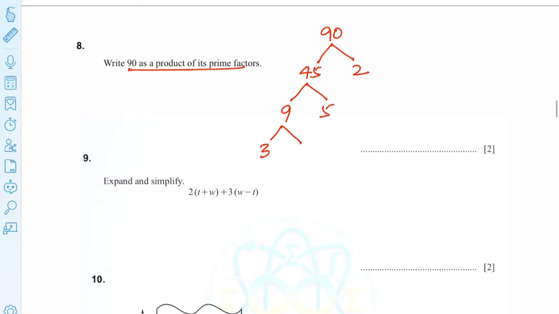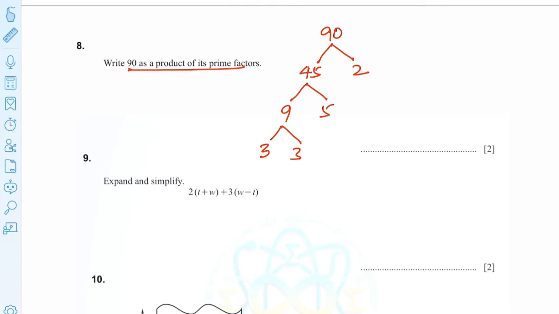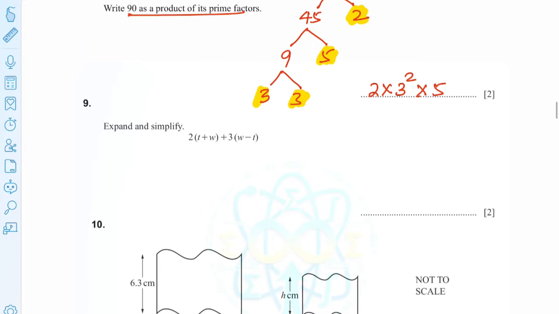So you'll get 3 and 3 here. Did you get it? So when you do this, 2 is a prime number, 5 is a prime number, 3 is a prime number, 3 is a prime number. Simply we can write it as 2 times 3 squared times 5 as the answer, or 2 times 3 times 3 times 5 you can also write as the answer. Clear, everyone?